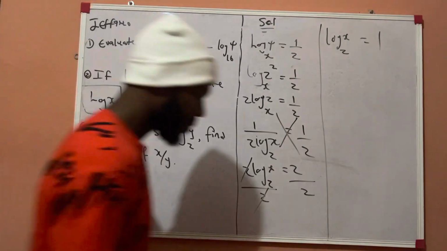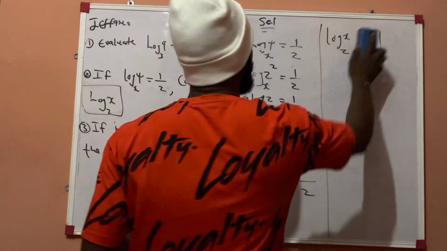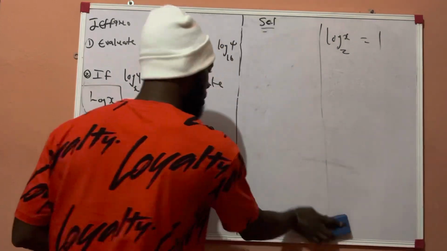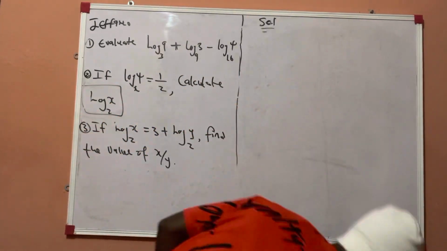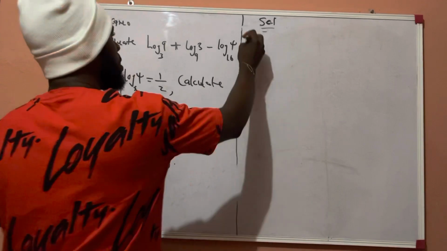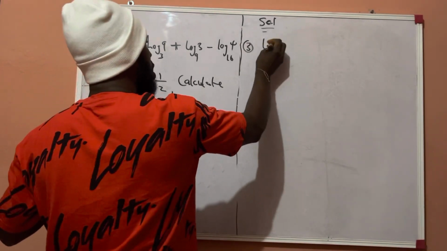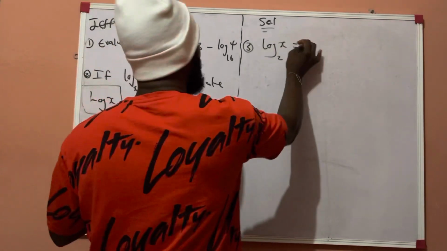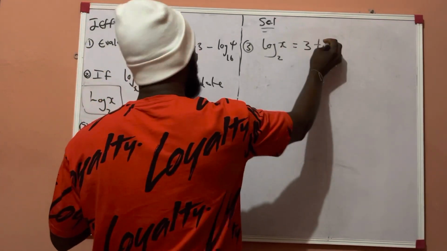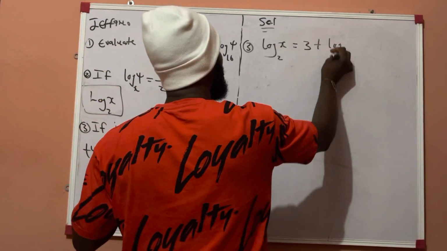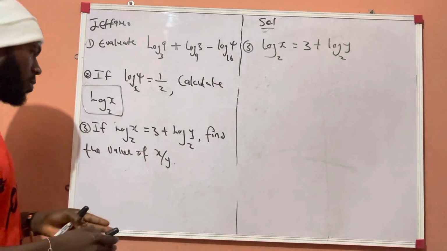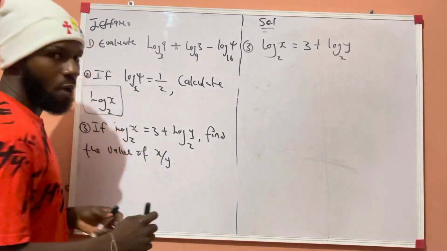Let us begin. Log x to the base of 2 is equal to 3 plus log y to the base of 2. Okay, now they said find the value of x over y.